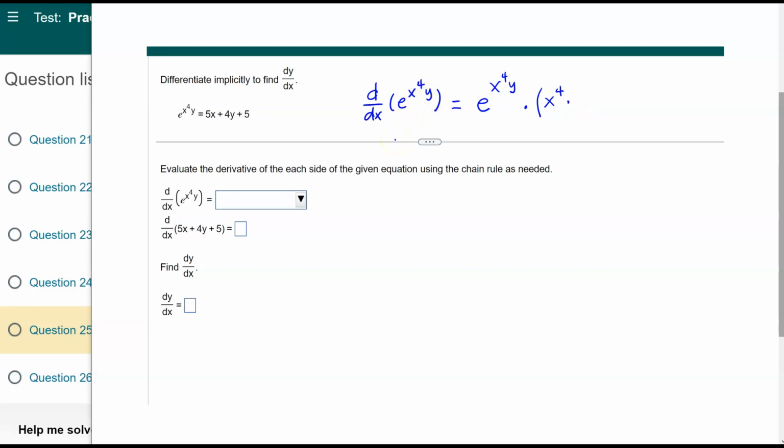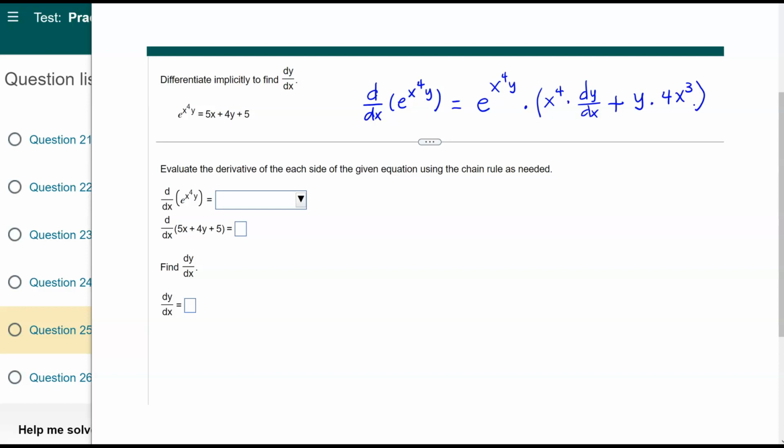The derivative of y with respect to x is dy dx. Then you copy y, the other factor, and then you differentiate x to the fourth, and the derivative of that will be 4x cubed. So this is the derivative of the left-hand side of the equation.